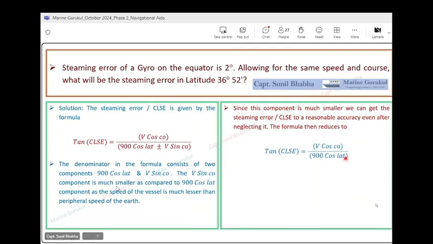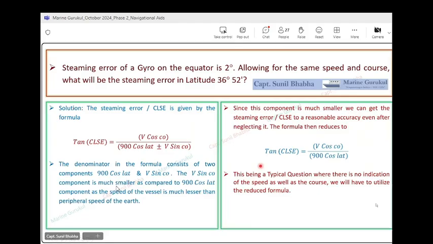The simplified formula gives us a reasonable accuracy because, number one, the factor V sin course was much smaller as compared to the first component. And secondly, the accuracy up to which we require this CLSE or the steaming error is only one place after the decimal. So if required, we can use this simplified, reduced formula.